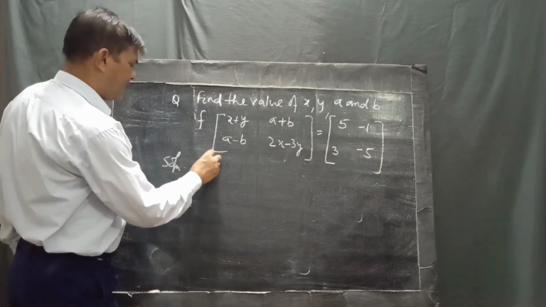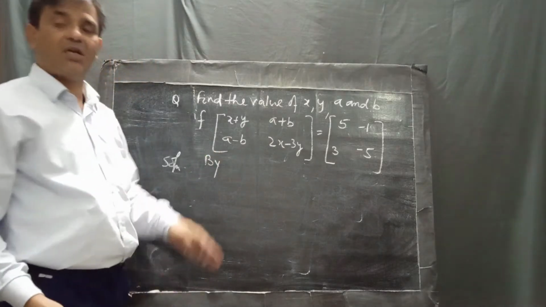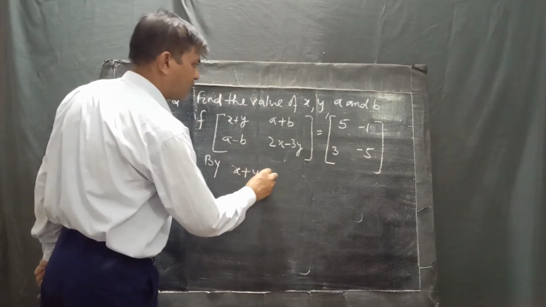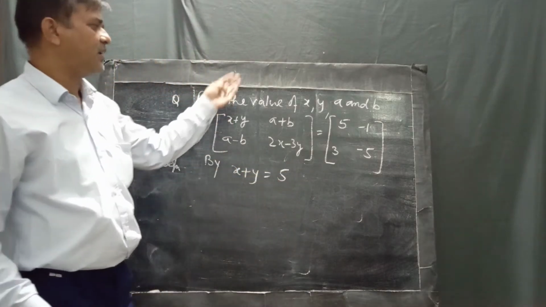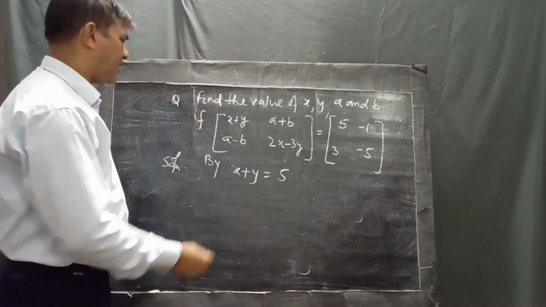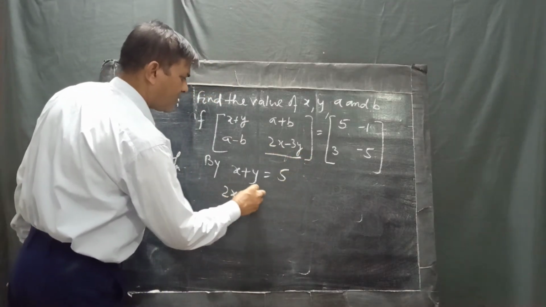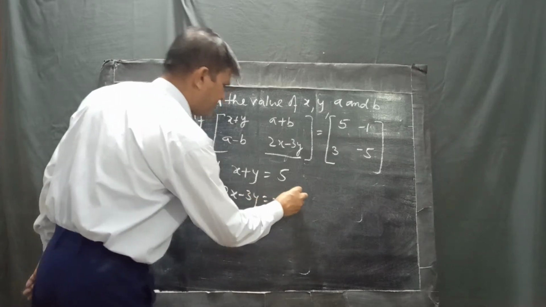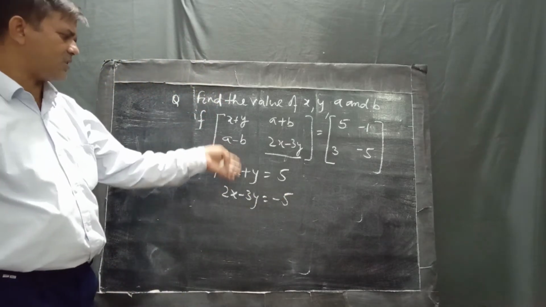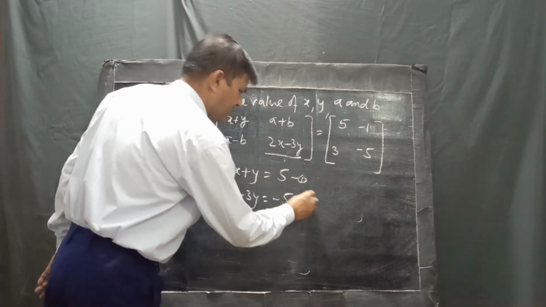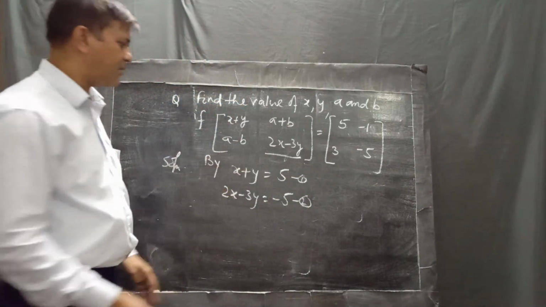So by definition of equality of two matrices we can write: x plus y equals 5, this is A11 and this is A11. Second one is 2x minus 3y equals minus 5. So after solving these two equations, the values of x and y will come.